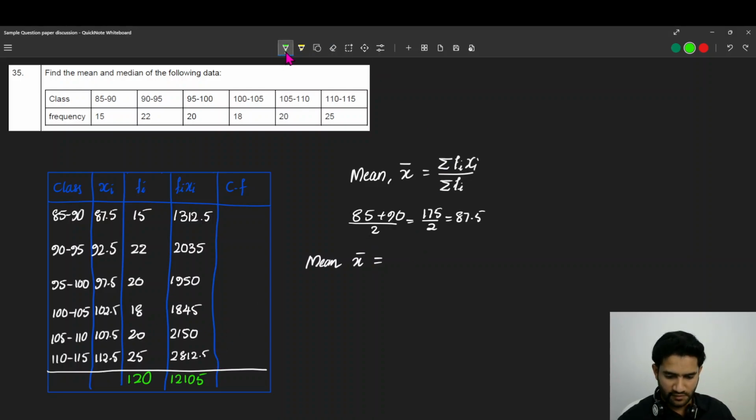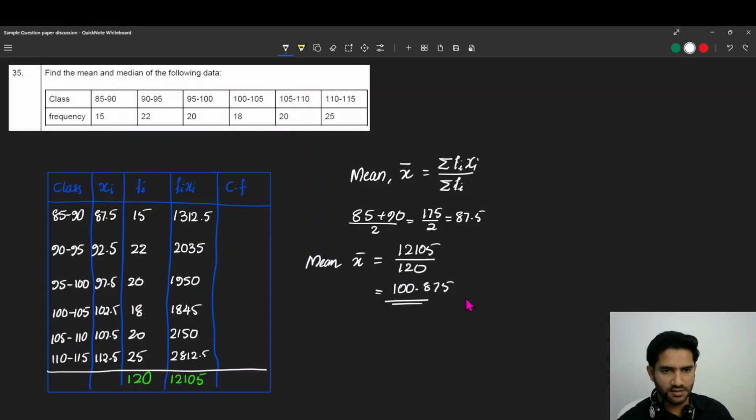So the mean is equal to 12,105 divided by 120. By dividing, we will get the mean is equal to 100.875. So this is the mean of the given data.